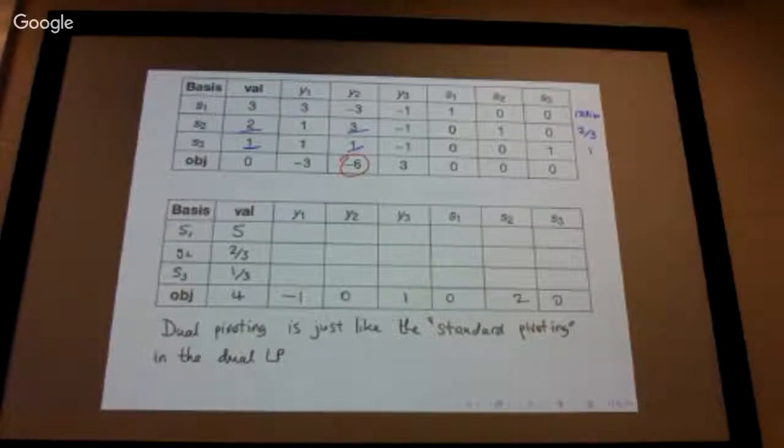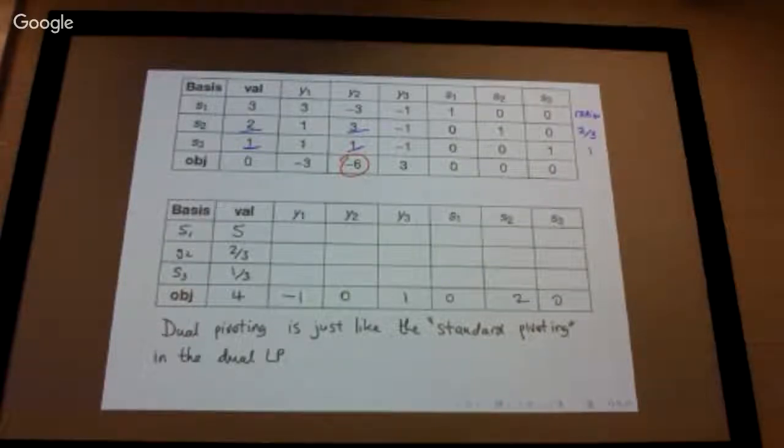So there is a bit of a caveat perhaps. Sometimes you don't get the, well, when you look at the tableaus we had while doing the dual pivoting, they were all optimal in the sense that we had no positive numbers in the objective row. So it was really just dual pivoting.